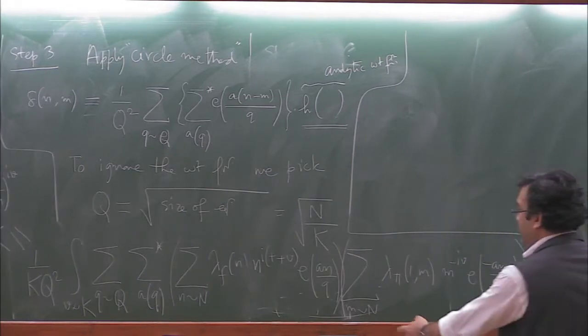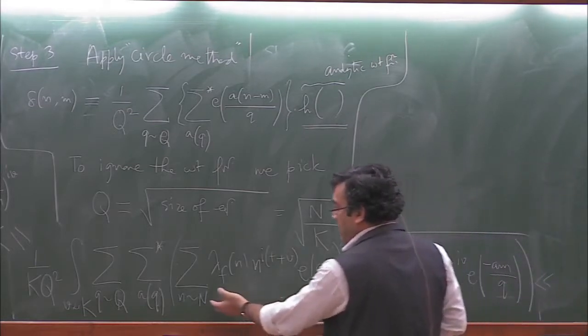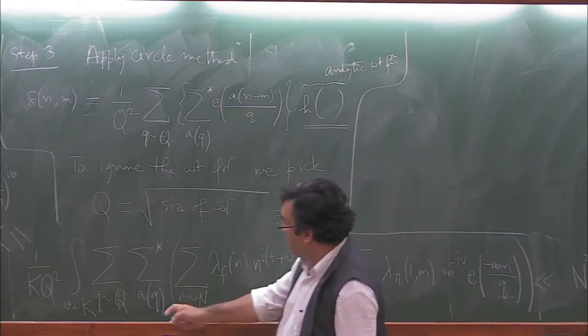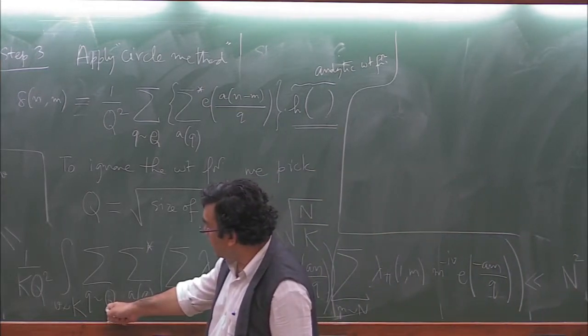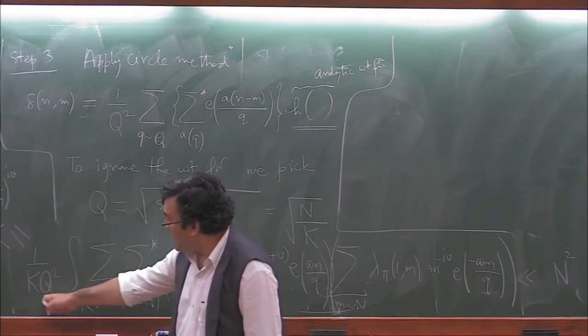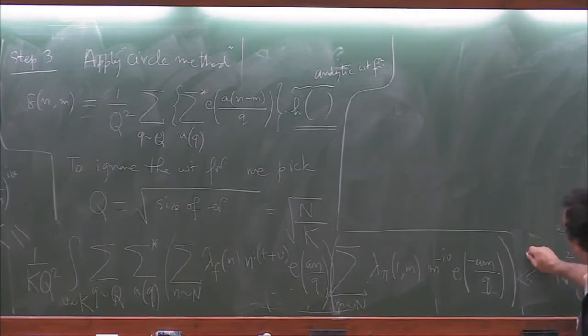So if I estimate this trivially, this is like capital N. There are n many terms. Here we have n many terms. So that's n square. Here I have q many terms, q more, so q square, and k is the size of the integral. So k q square, but that's balanced by k q square in the denominator. So trivially, this is bounded by n square.